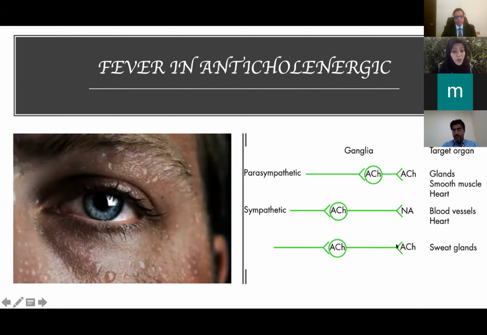And so that's why in the cholinergic syndromes, namely the organophosphates, you are wet. And for anticholinergics, you cannot sweat, and so you cannot lose heat the way you should. And so you develop the fever. It's a different twist to where the fever comes from.